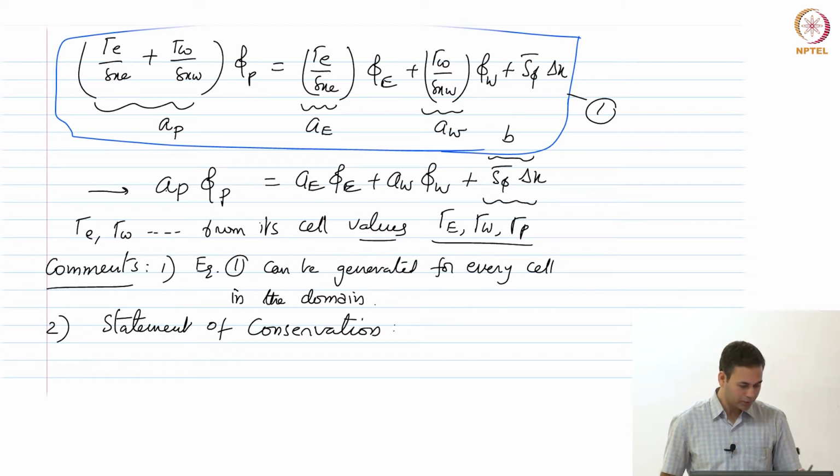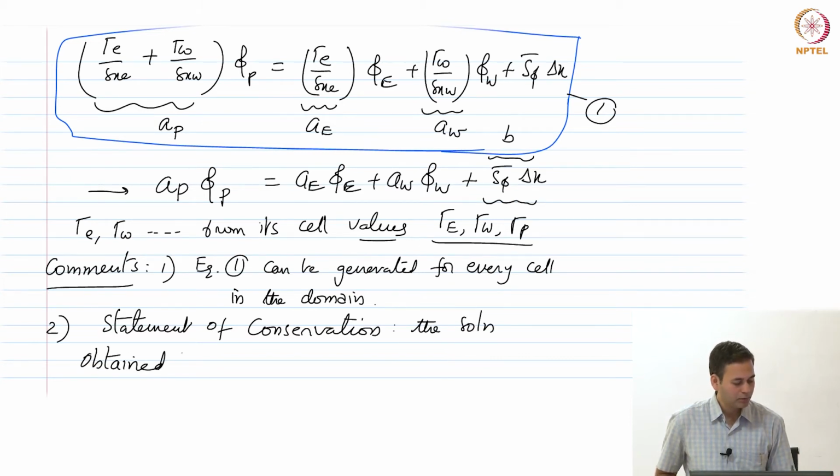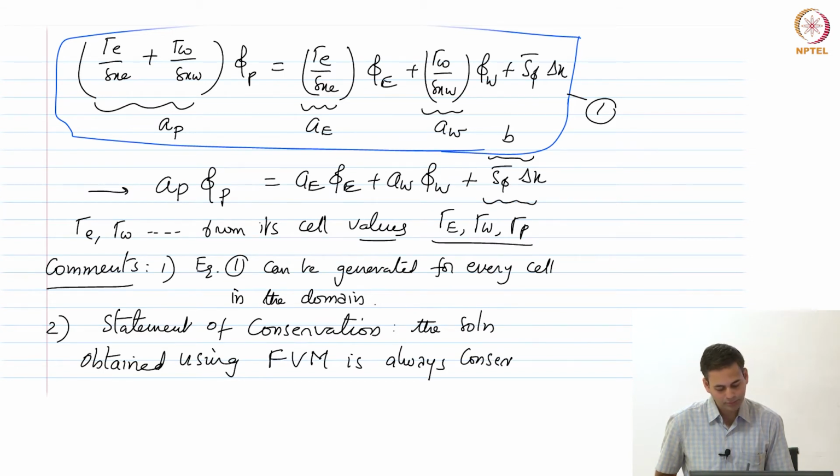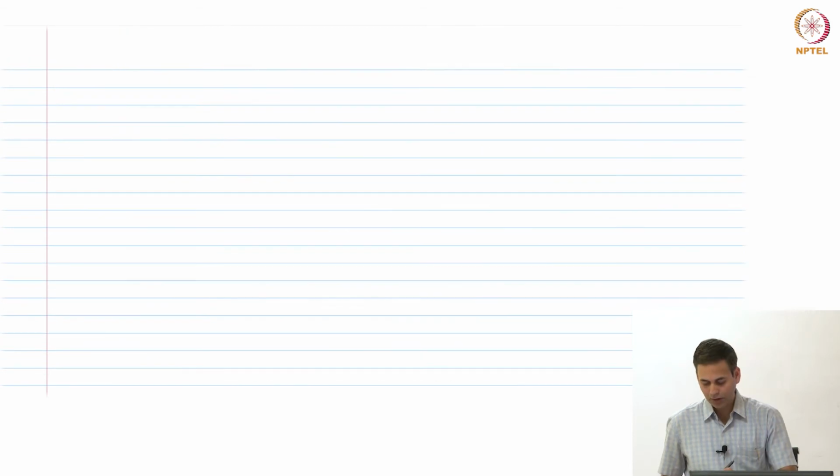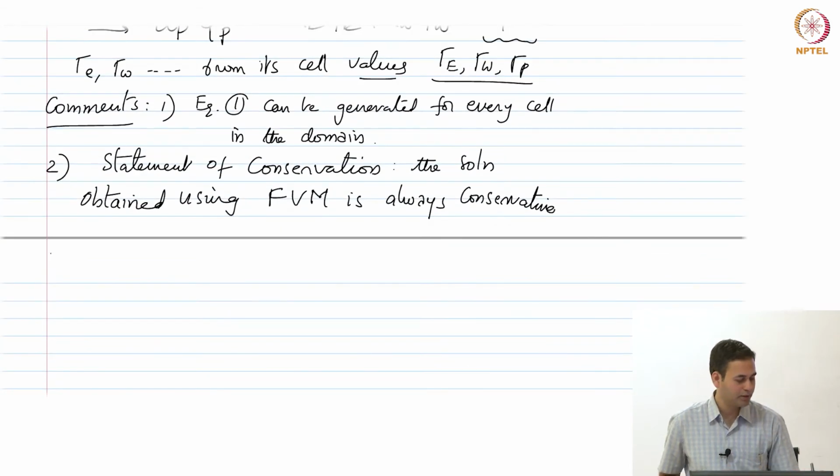Because it starts with a statement of conservation, the solution obtained using the finite volume method is always conservative, always satisfies conservation.